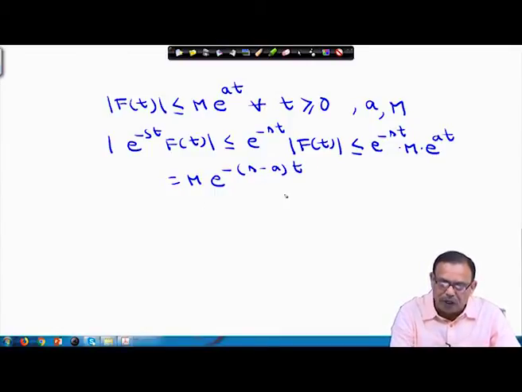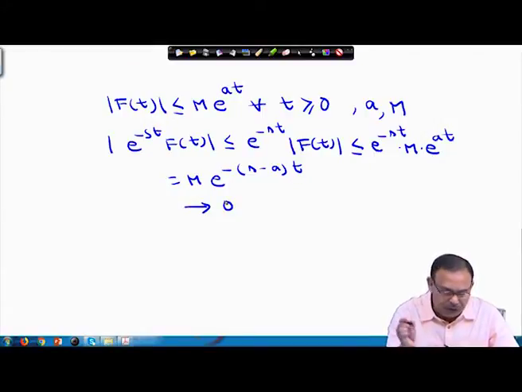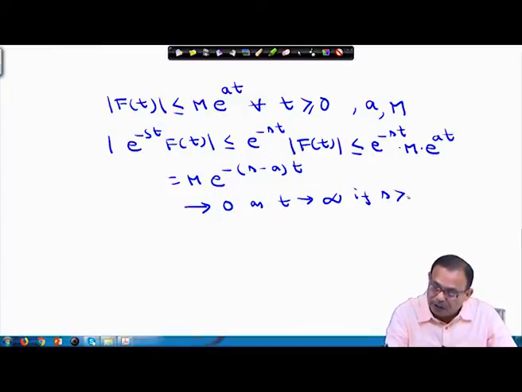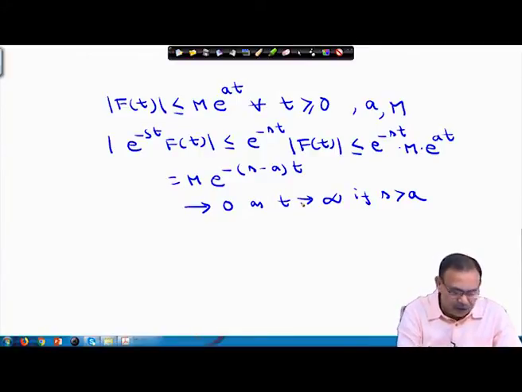Now, you see this quantity, M into e power minus s minus a into t, approaches 0 as t approaches infinity, of course if s is greater than a. Whenever s is greater than a, the term e power minus s minus a into t approaches 0 as t approaches infinity.